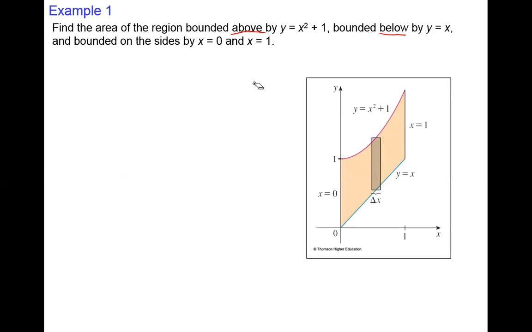That's the parabola x squared plus 1. Of course, I don't need the entire parabola. And that's the line. The parabola is above, the line below, and the vertical lines at 0 and 1. In order to find the area bounded by these two curves, we simply have to subtract the top one minus the bottom one.